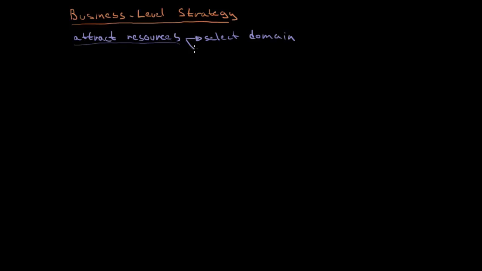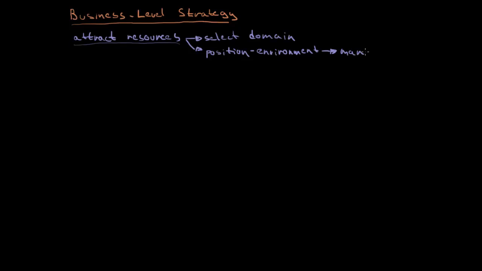The second point, which is important here, is that we need to position ourselves. So position within the environment. If you remember, there are two kinds of environment, the general and the specific one. So we need to position ourselves in both these environments. And when we did so, then we need to manage our position.